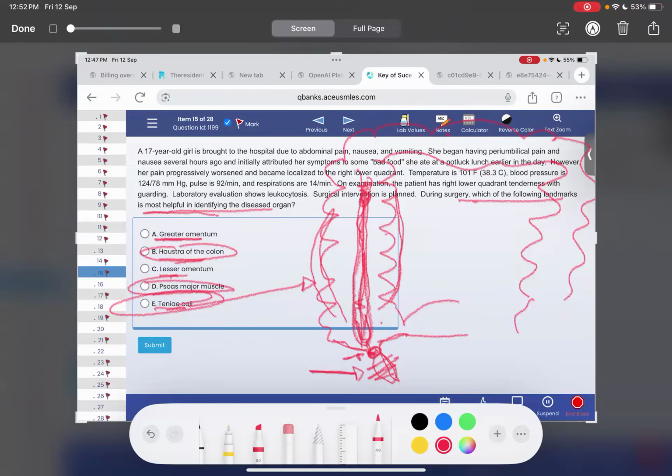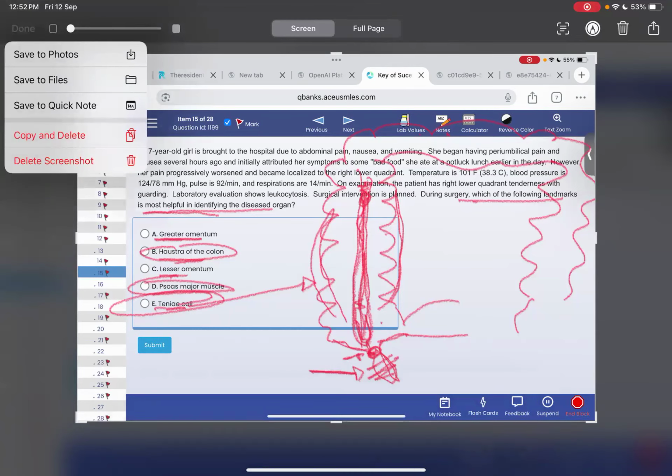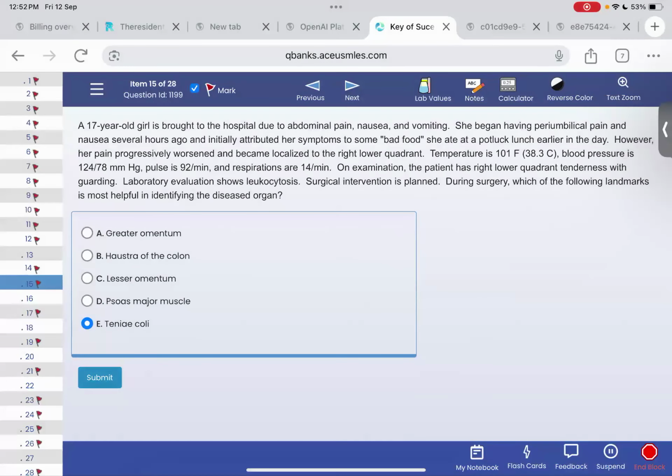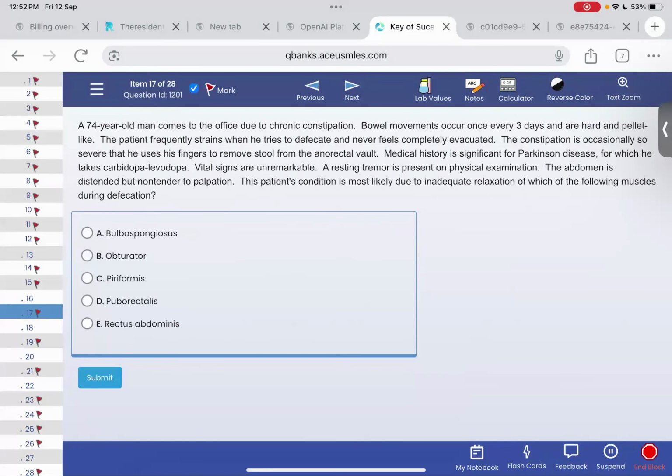Have you got the point? So tinea coli are the three longitudinal bands that go from the cecum up to the sigmoid, and they are helpful in appendectomy. That's the point.